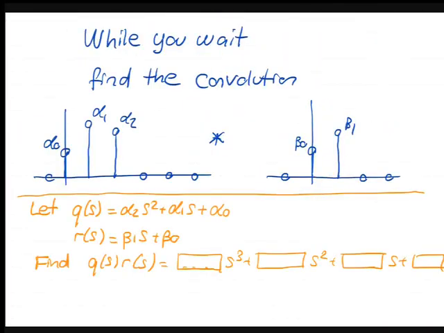So the convolution you found at the top must match the coefficients of the polynomials you find at the bottom.